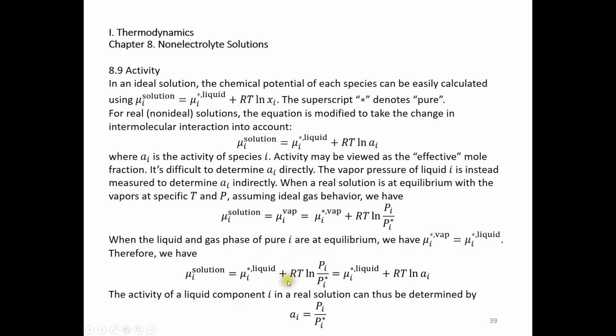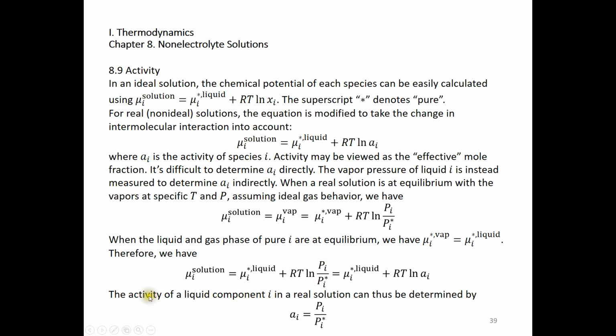Now let's look at this equation and this equation. This equation comes from the definition of activity. You can see we have mu star liquid for species i that appears on both sides of this equal sign. So these two may cancel, and then RT and RT cancel, and then we have a sub i equals Pi over Pi star.